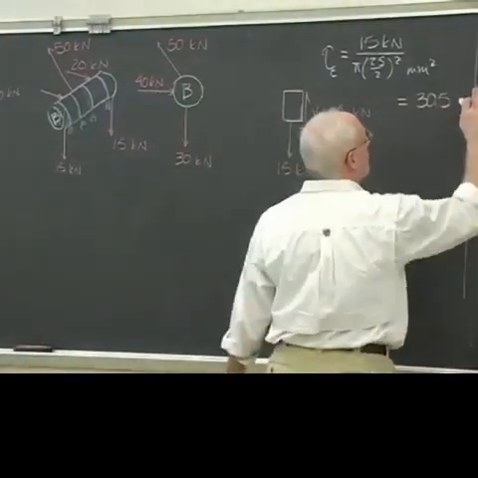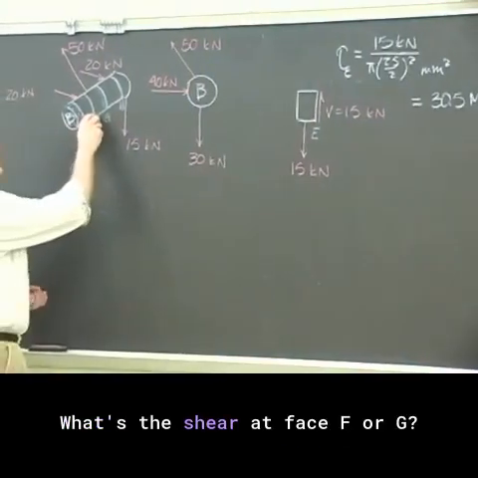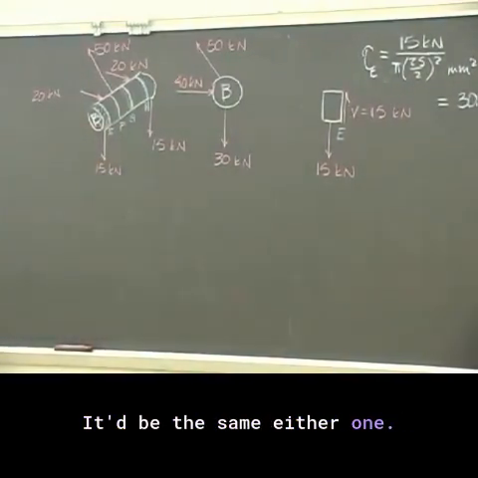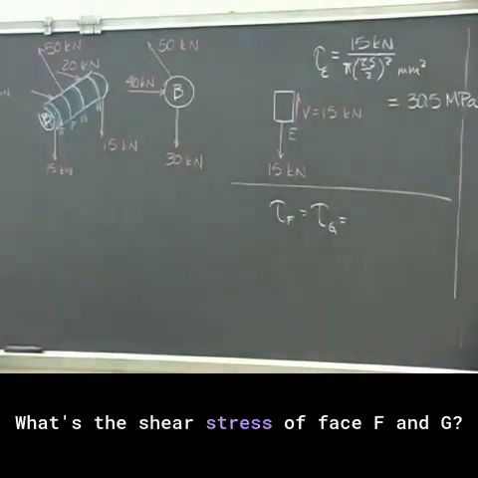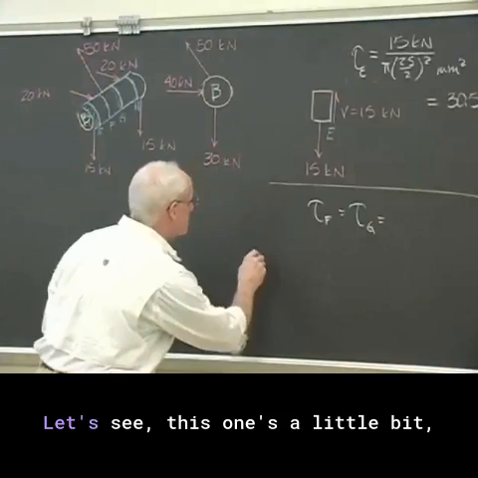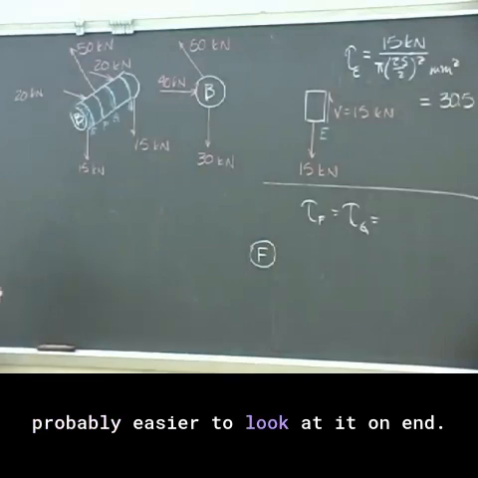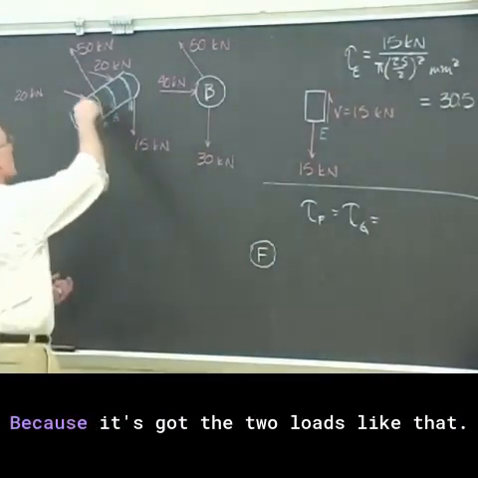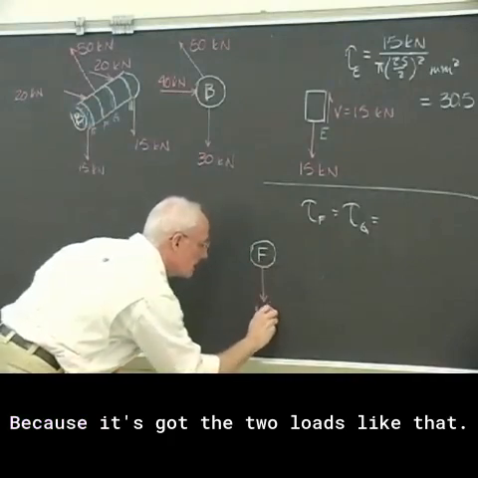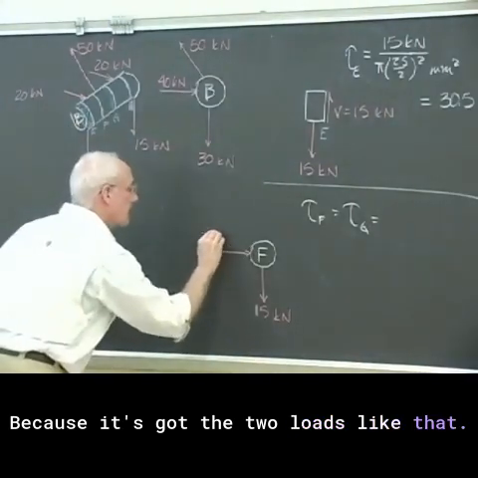Pascals. All right, so your get out of class question. What's the shear at face F or G? They'd be the same either one. What's the shear stress at face F and G? Let's see, this one's probably easier to look at on end because it's got the 2 loads like that.